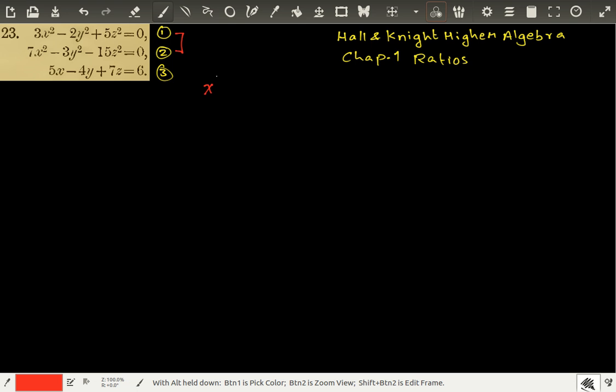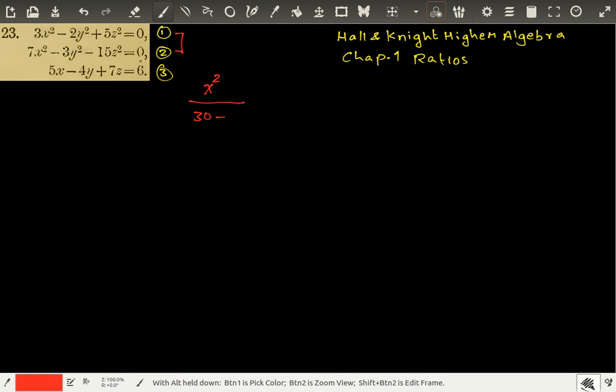we get x square divided by, so we have minus 2 times minus 15 is 30, minus 3 times 5 is minus 15.